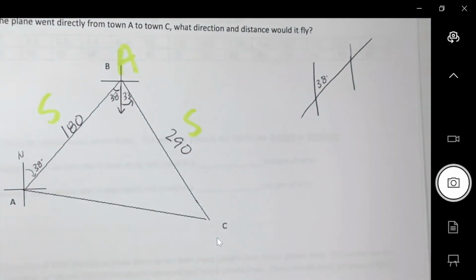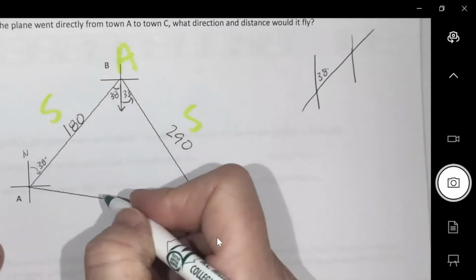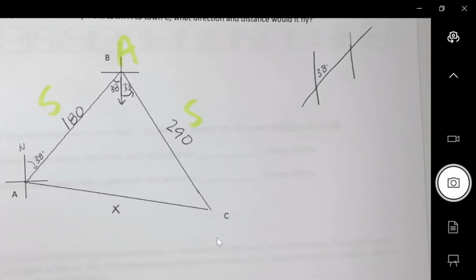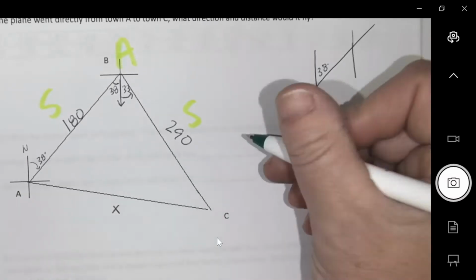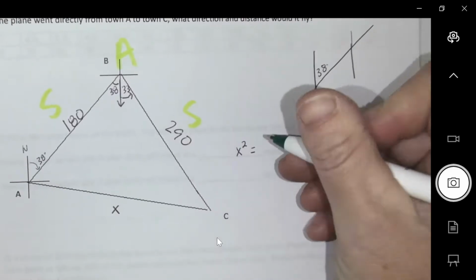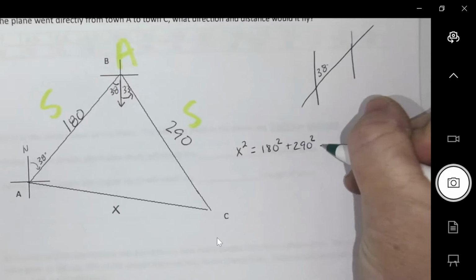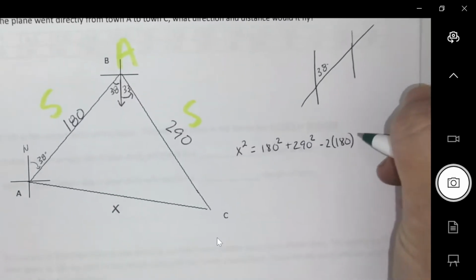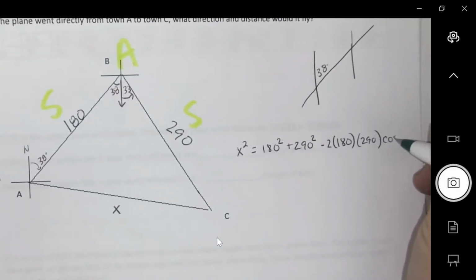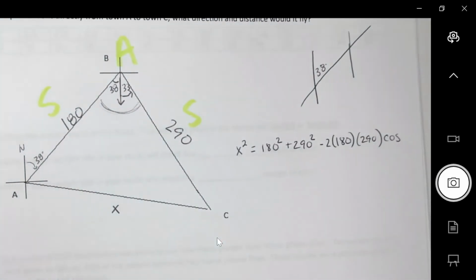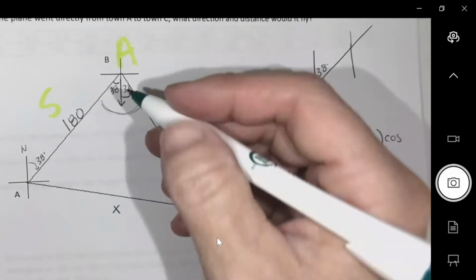So if we're going to go from A to C, this is what I want to know. x squared equals 180 squared plus 290 squared minus 2 times 180 times 290 cos of, and what is that all together there? 71?